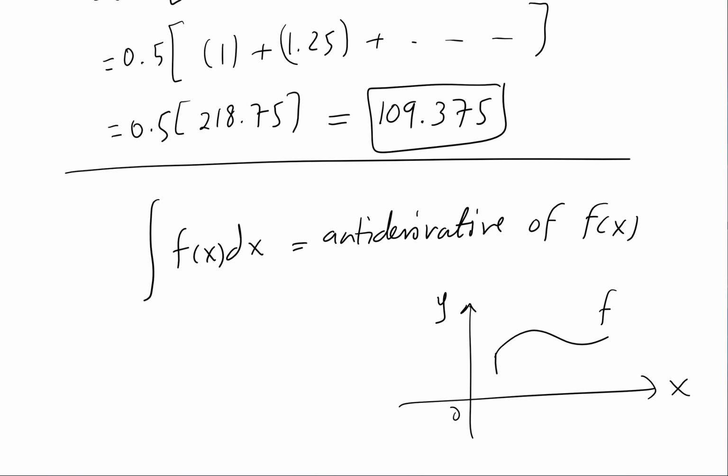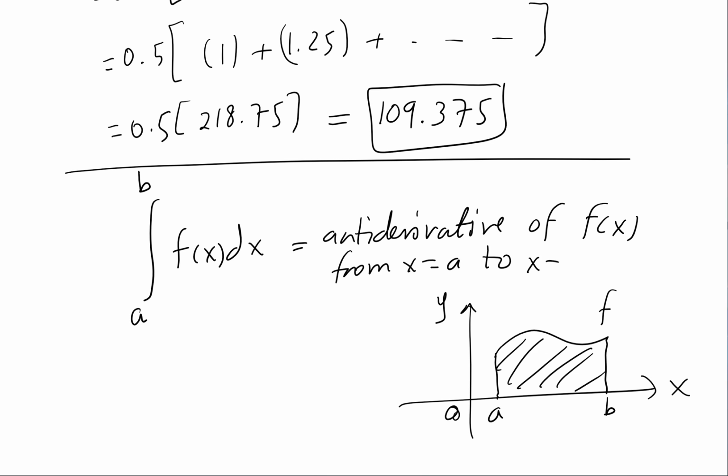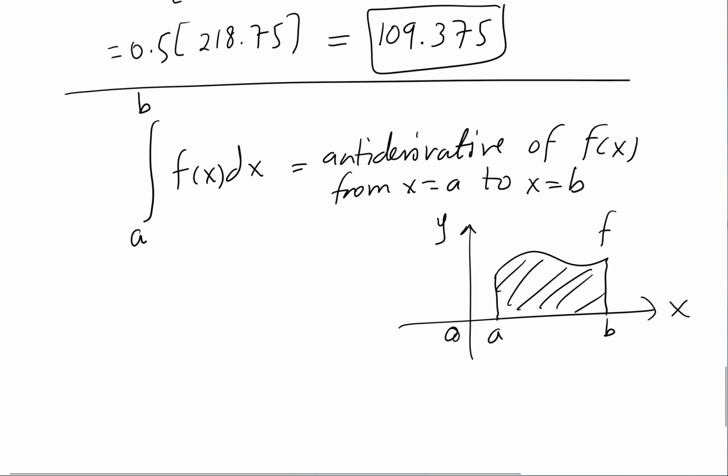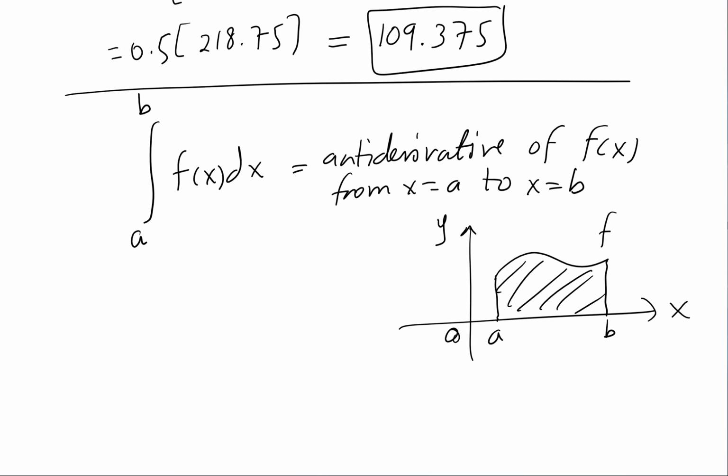If I'm trying to find the area from A to B under the curve, like this area, the way we represent it using an integral, we say the integral of f x dx from x equals A to x equals B. And then we say that's the antiderivative of f(x) from x equals A to x equals B.